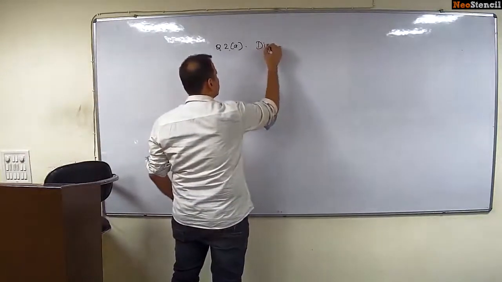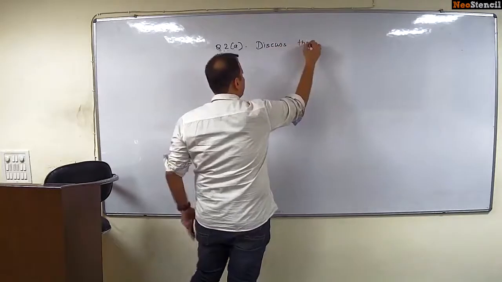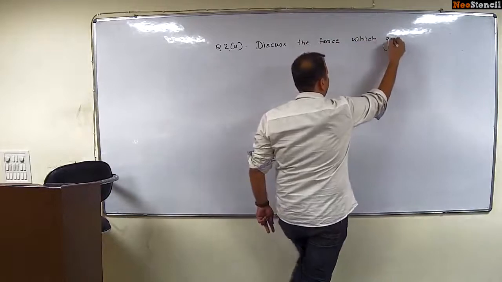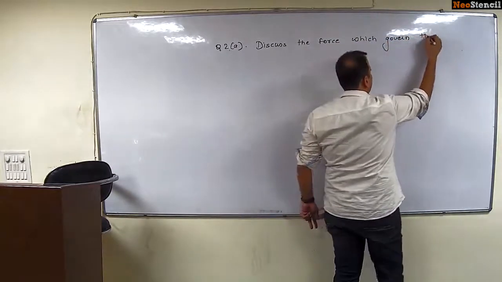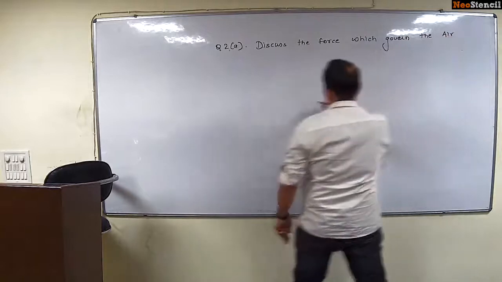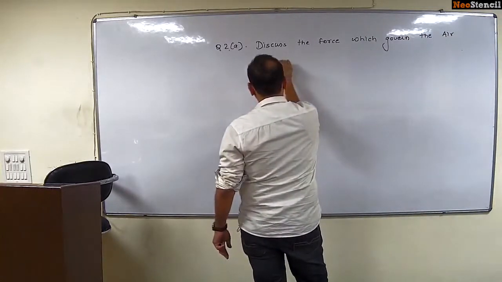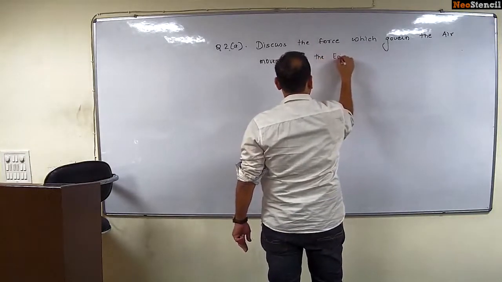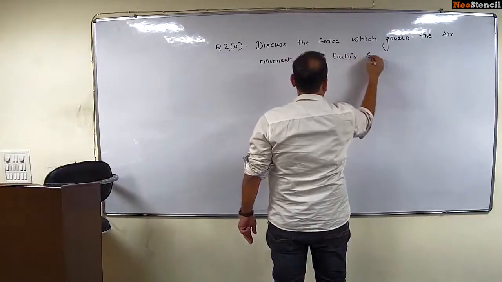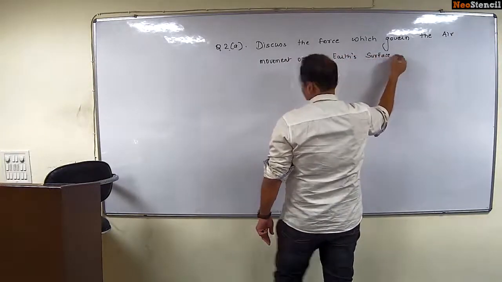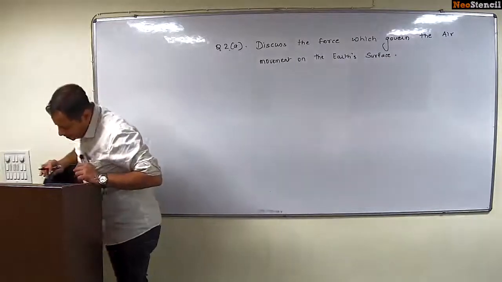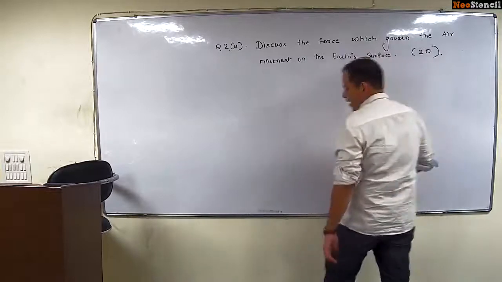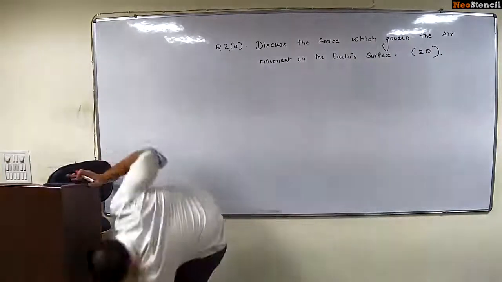So they are asking you to discuss the forces which govern the air movement on the earth's surface, and it is for 20 marks. So maybe we will have to write this question in around 200-250 words. A simple, straightforward question.